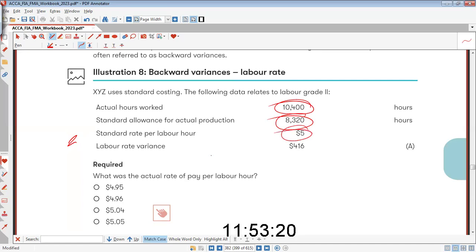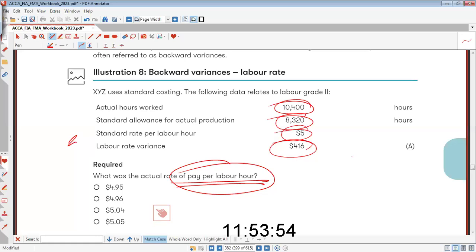The labor rate variance was 416 and was adverse. They're asking what was the actual rate of pay per labor hour. So where can we start from? We can start from the variance.